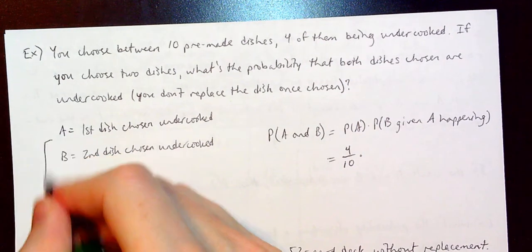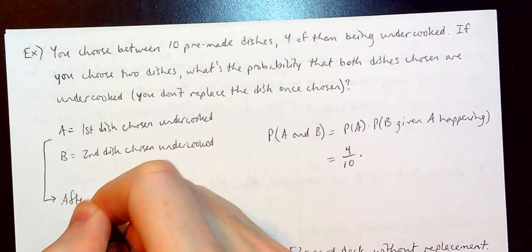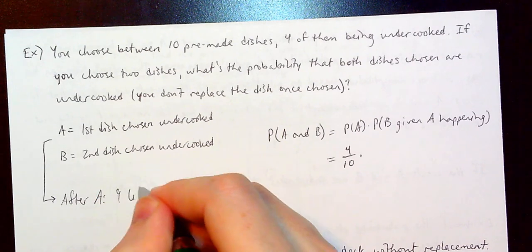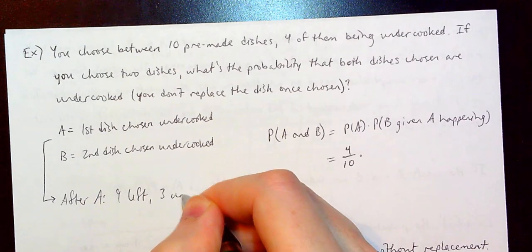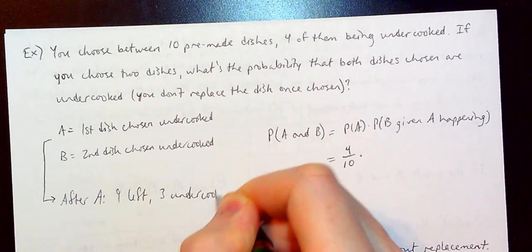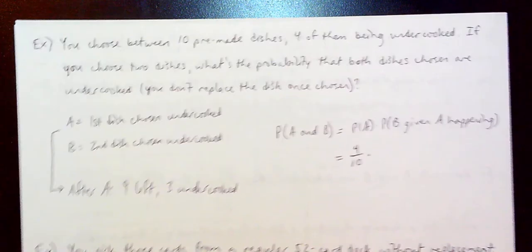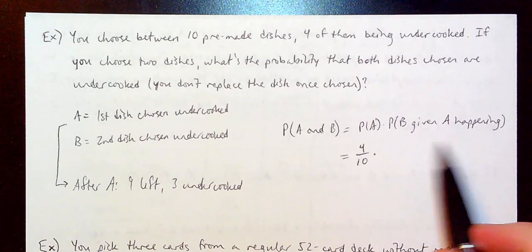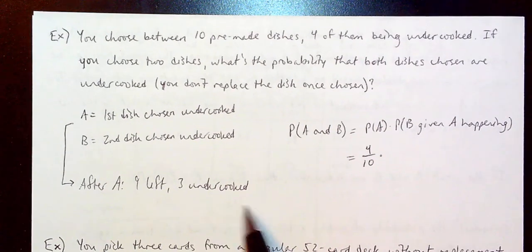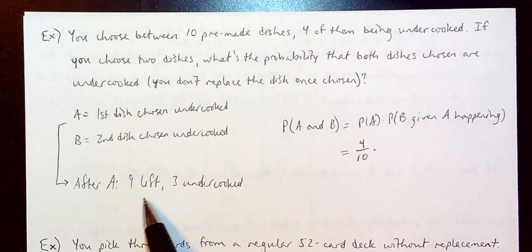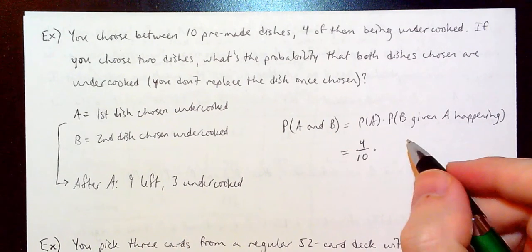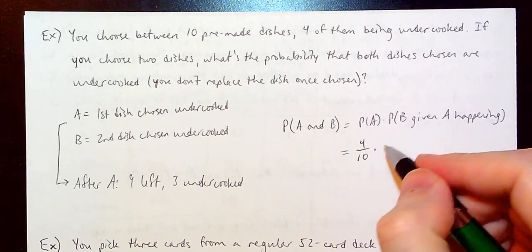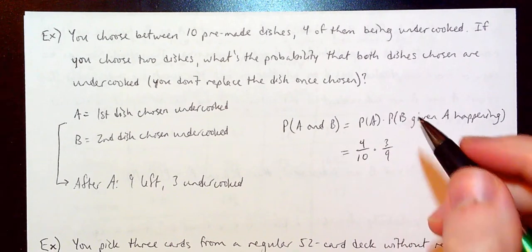So making the note here, after A, 9 dishes left, 3 undercooked. So now what's the probability of B happening given that A happened? Well, there are 3 dishes that are undercooked, and there are 9 possible dishes left to choose from. So the probability that B happens given that A happened is going to be 3 over 9, or 1 over 3.